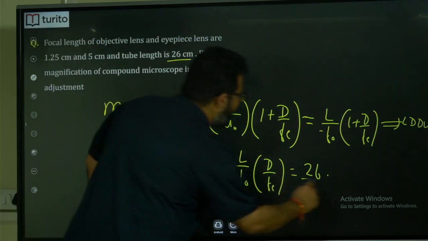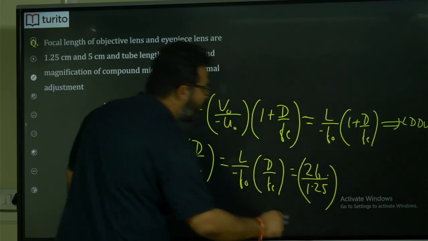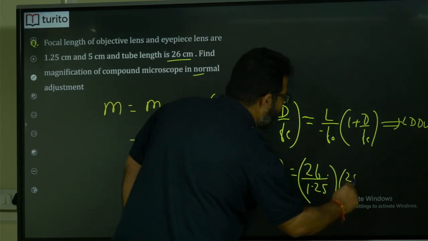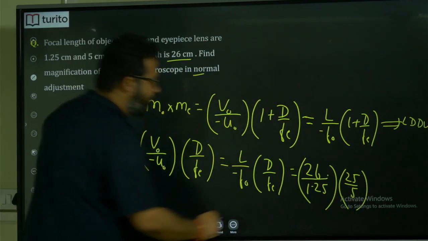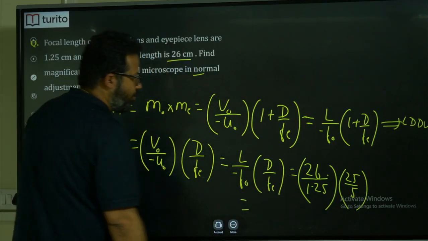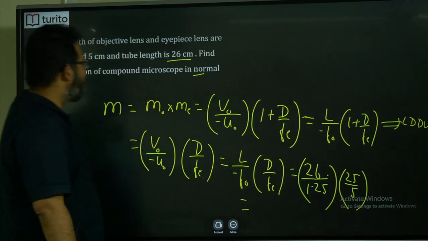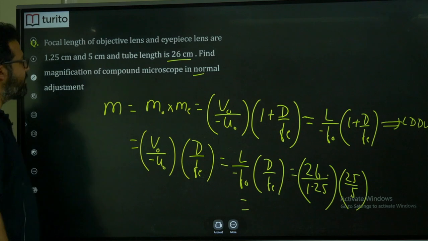So 1.25 is the focal length of the objective, and this will be 25 by 5. So 26 by 1.25 and then 25 by 5, you multiply it and you will get the answer.